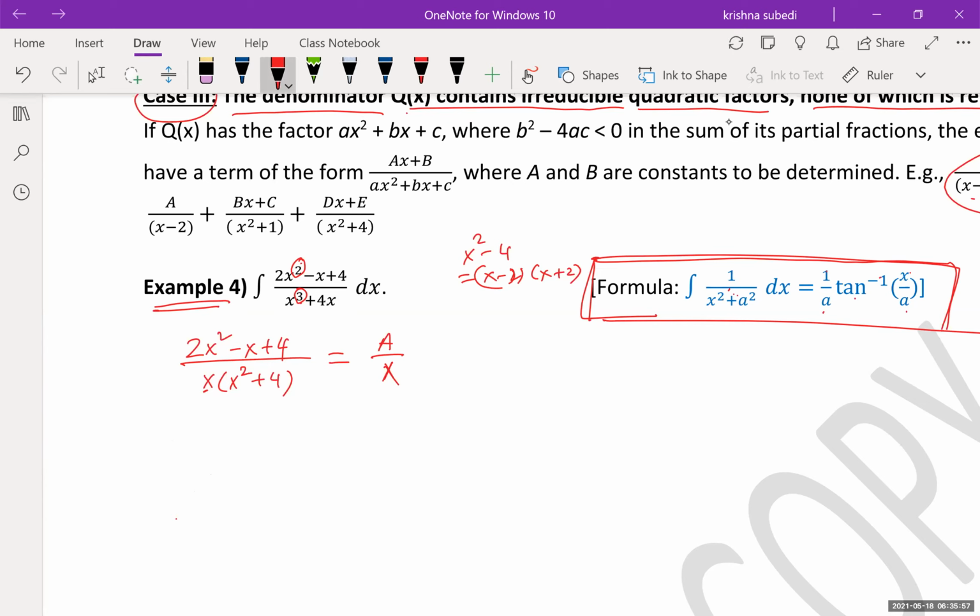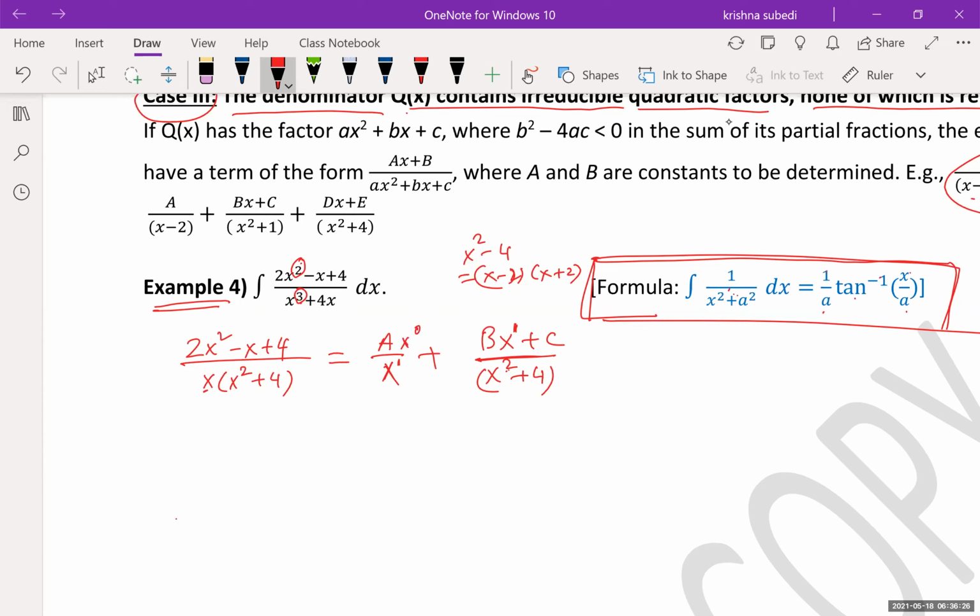Now, for this factor, we have x squared plus 4. Then what do we do? Well, in that case, if the bottom part is quadratic, then the top part will be linear, which means you can write Bx plus C. When there is power 2, there is power 1. When there is power 1, there is power 0, by the way.